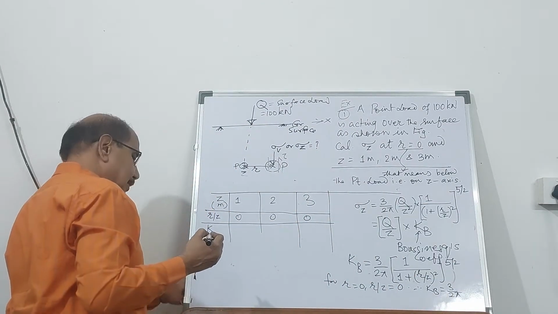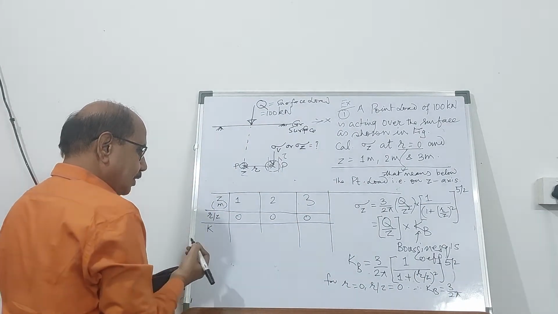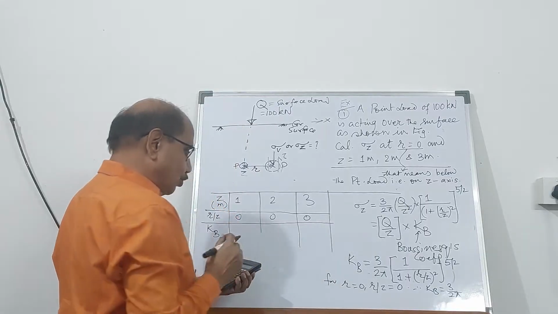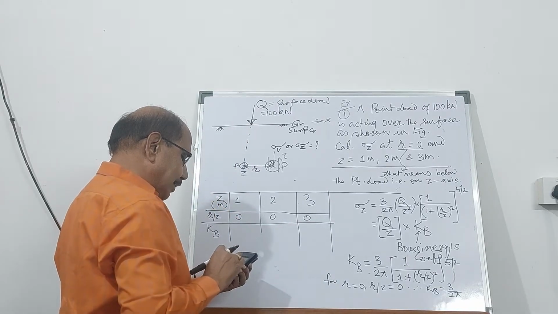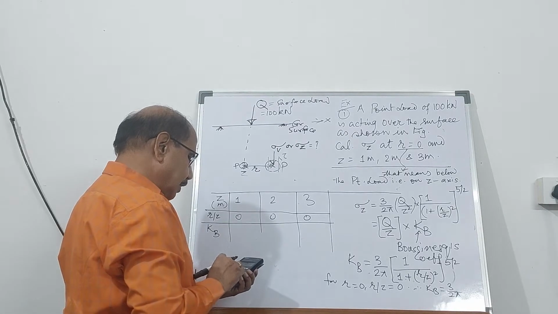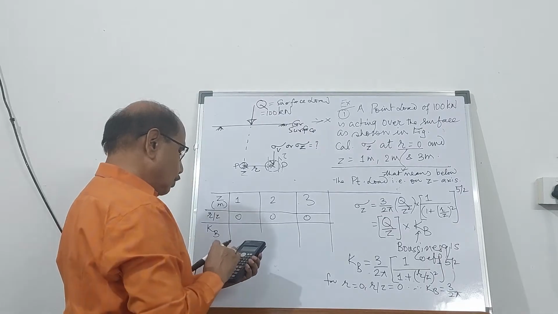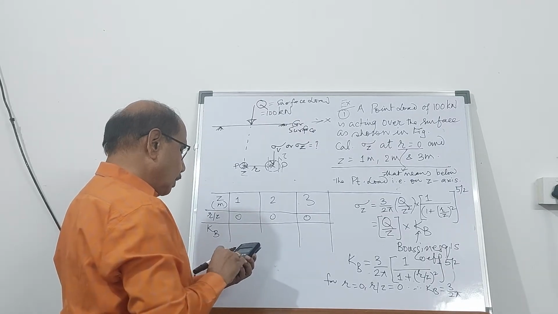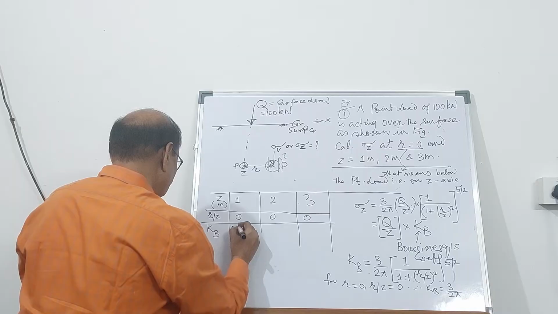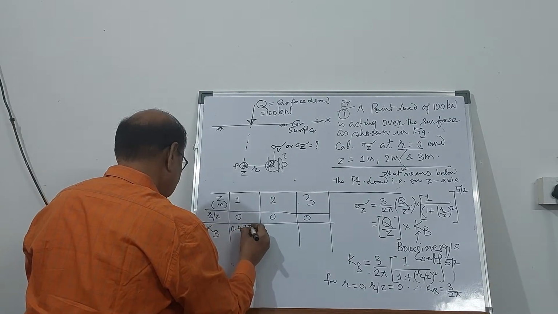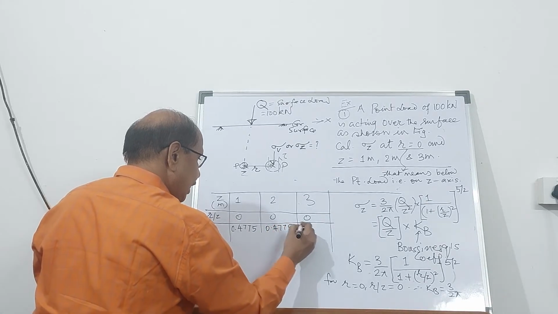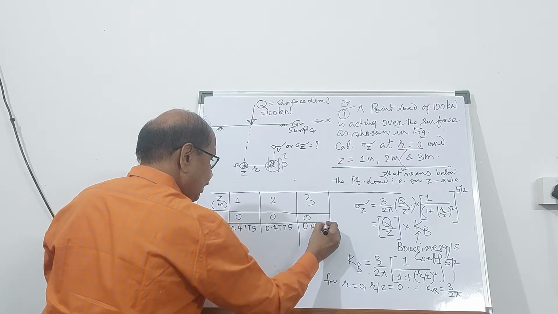So let's calculate the value of Kb for 3 by 2 pi. 3 divided by 2 into pi, that is 0.4775.